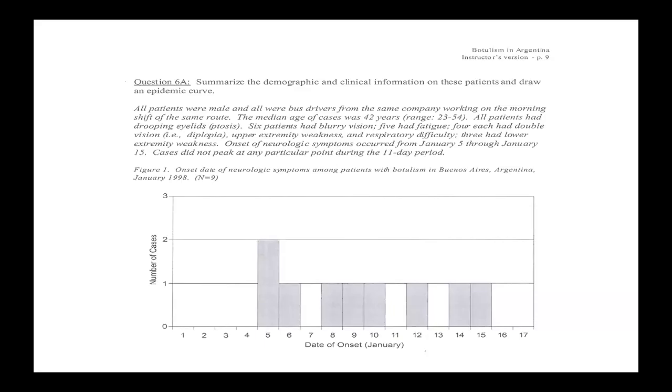So they say the average incubation period for botulism is 18 to 36 hours, but symptoms can occur as early as 6 hours or as late as 10 days after exposure. What was the most likely period of exposure among these cases?